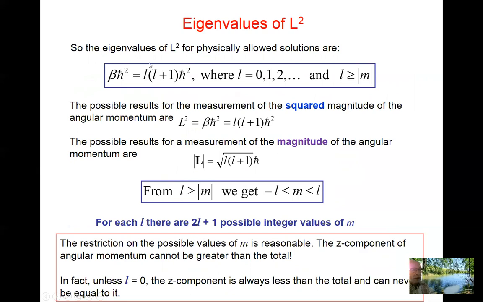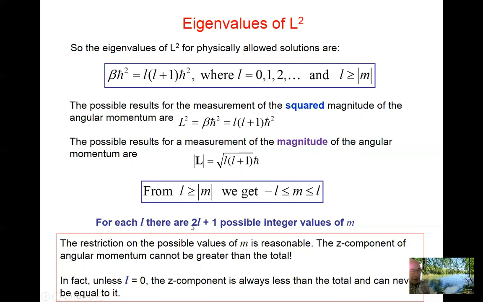But we see that the eigenvalues of L squared for physically allowed solutions, which we requested, have this familiar shape, L times L plus 1 h bar squared. And M should be taking its values between minus L and L. So these are now two quantum numbers, which we found from the solution of differential equations.